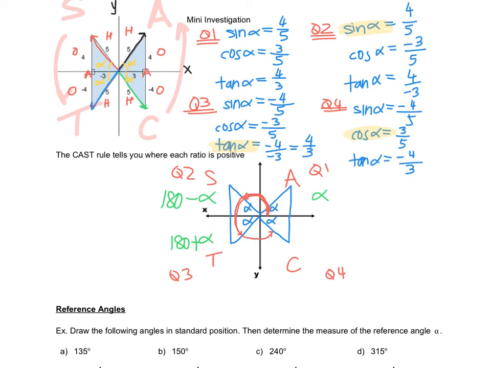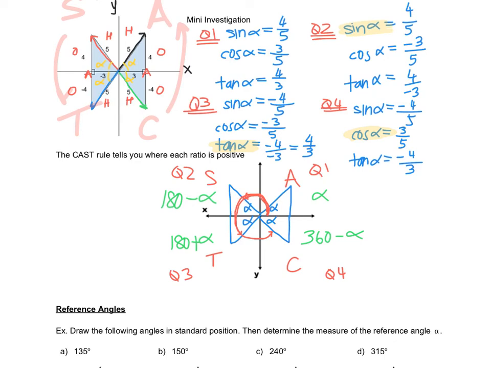I'm almost getting to 360 minus that alpha. So in quadrant 4, our angle is 360 subtract alpha. And this CAST rule and these quadrant modifications are going to be very important for us when we start solving trig equations. Now that we have the CAST rule, let's figure out some reference angles.